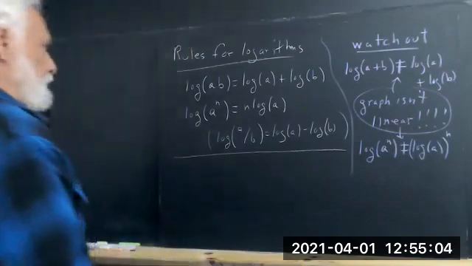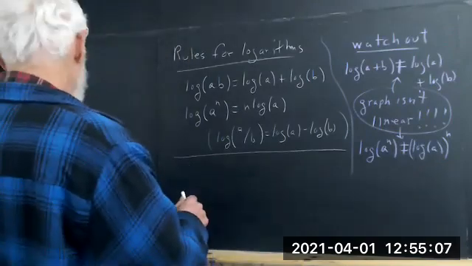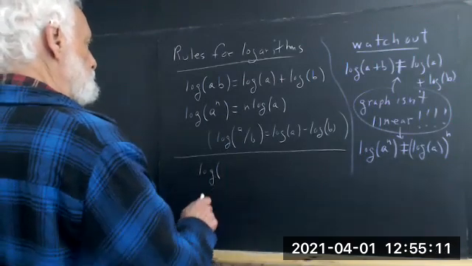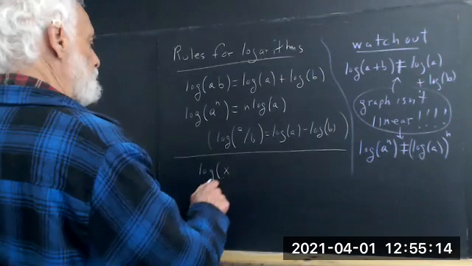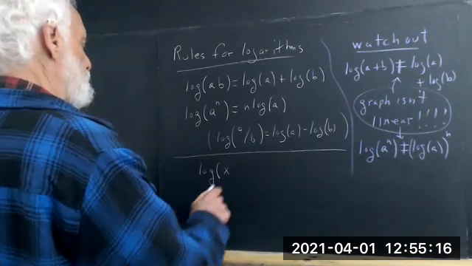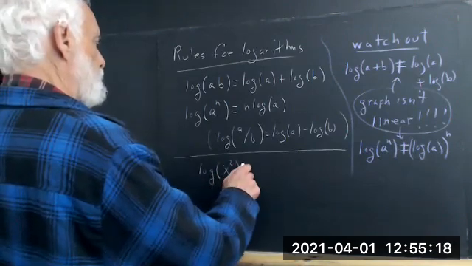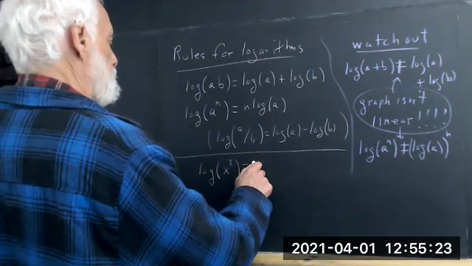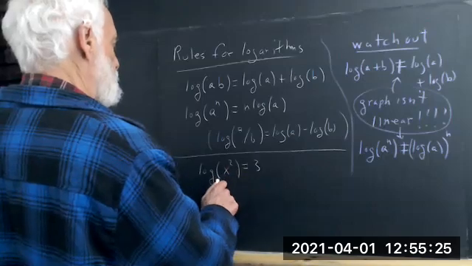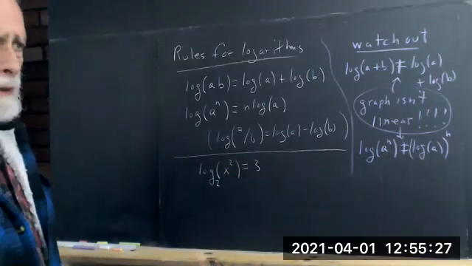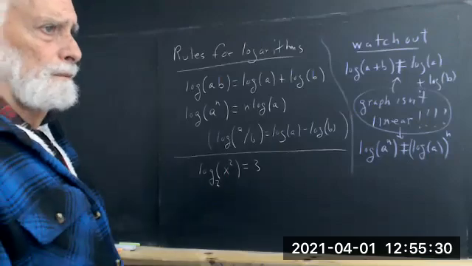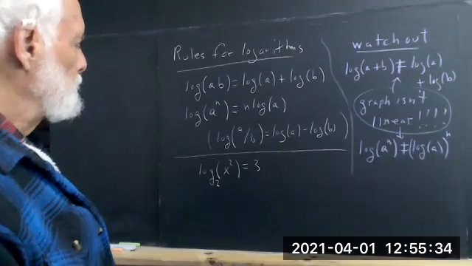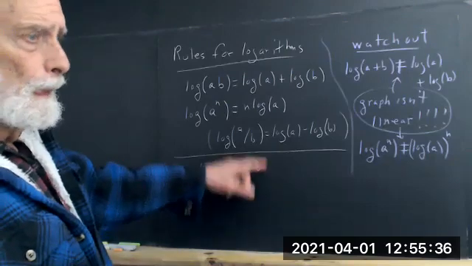Okay, well, how does this apply? Well, let's just look at an example. We go to log base 2 because we can easily understand the base 2 log. So log base 2 of x squared equals 3.